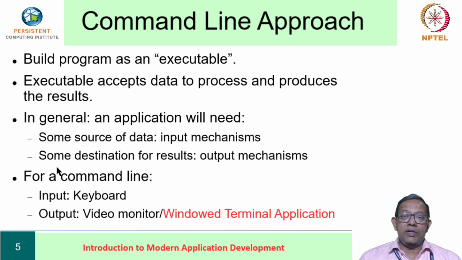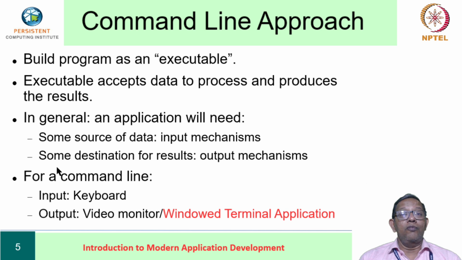It also illustrates the ideas from the previous sessions, where we talked about the fact that for any program, some input would be required and there are a number of input mechanisms for this. Similarly, a program would generate some output and there would be a number of mechanisms for collecting this output.